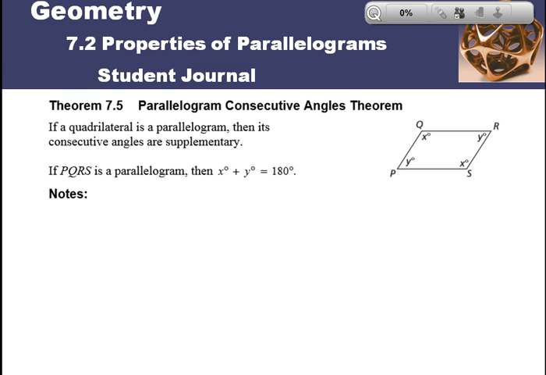Remember, we learned about alternate interior angles and same side interior angles and alternate exterior. One of those was consecutive interiors, which were also what we considered same side interior angles. So let's put same side interior angles down here in parentheses.